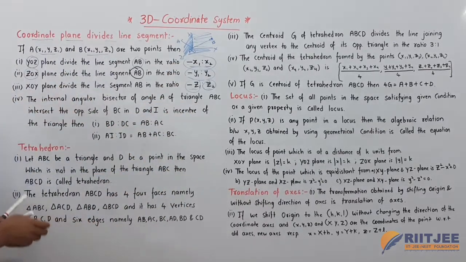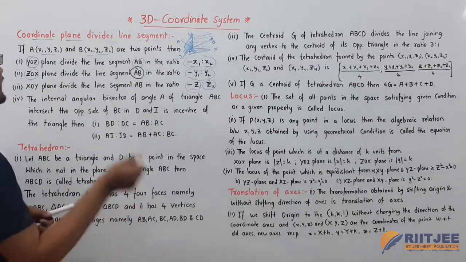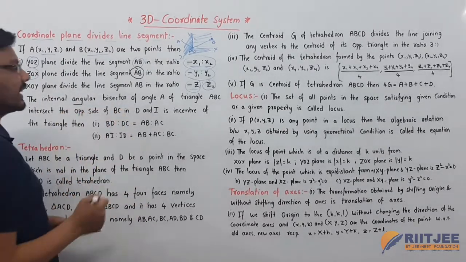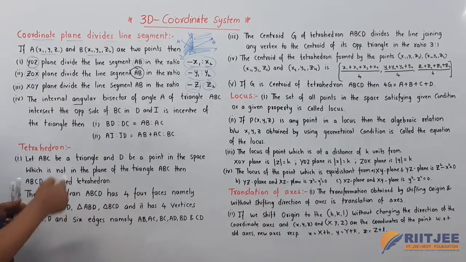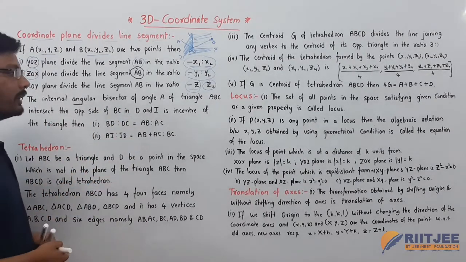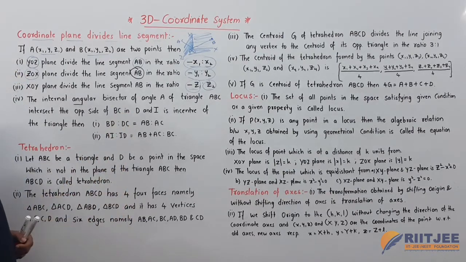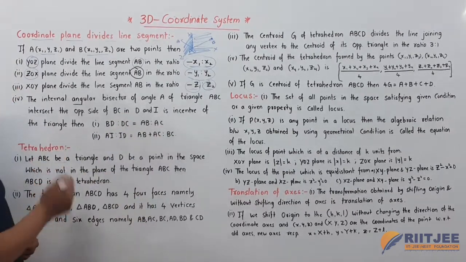And the next one: the internal angular bisector of angle A of triangle ABC intersects the opposite side BC at D, and I is the incenter of the triangle.